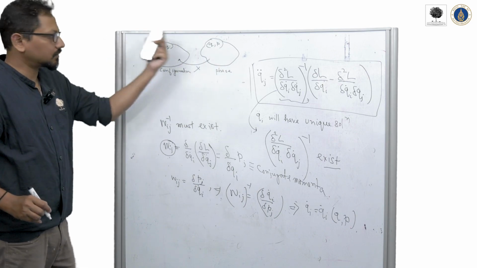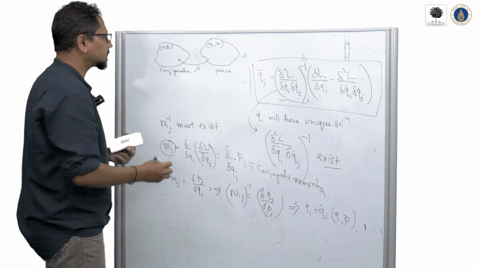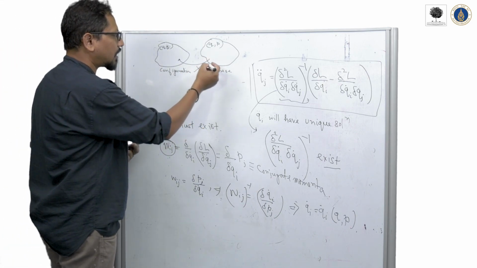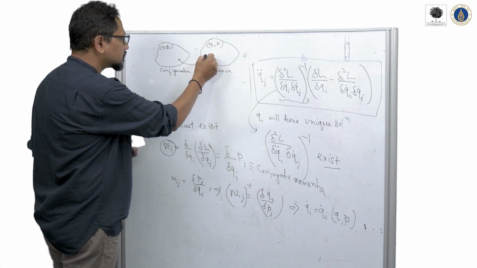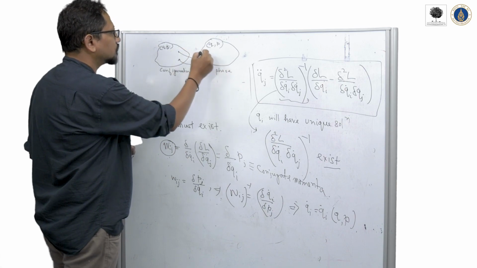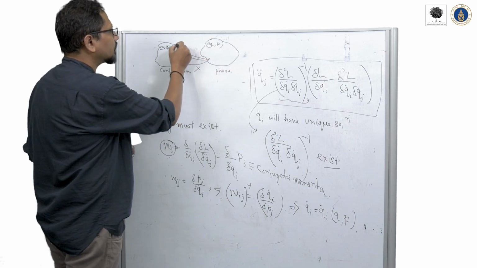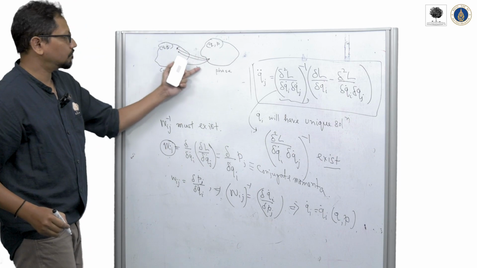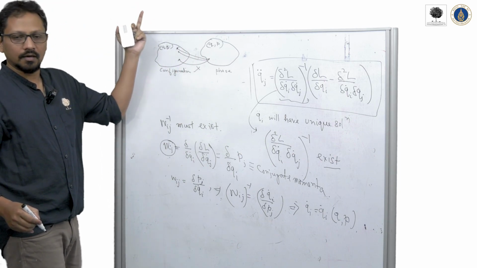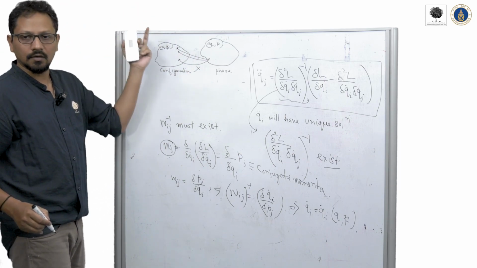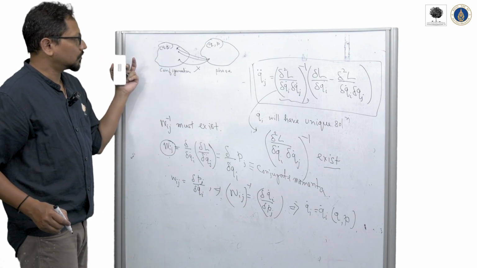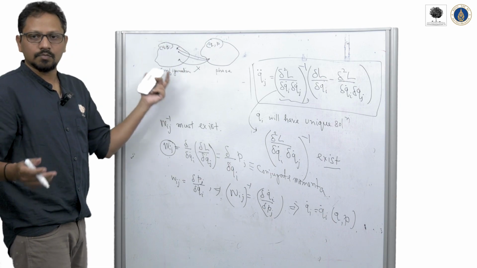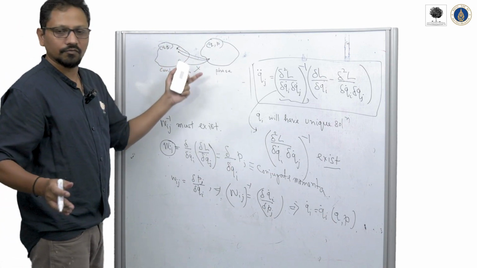This function not having an inverse means probably what is happening is one point of P is going to more than one image in the configuration space. So that is becoming like a multi-valued function that is not defined.